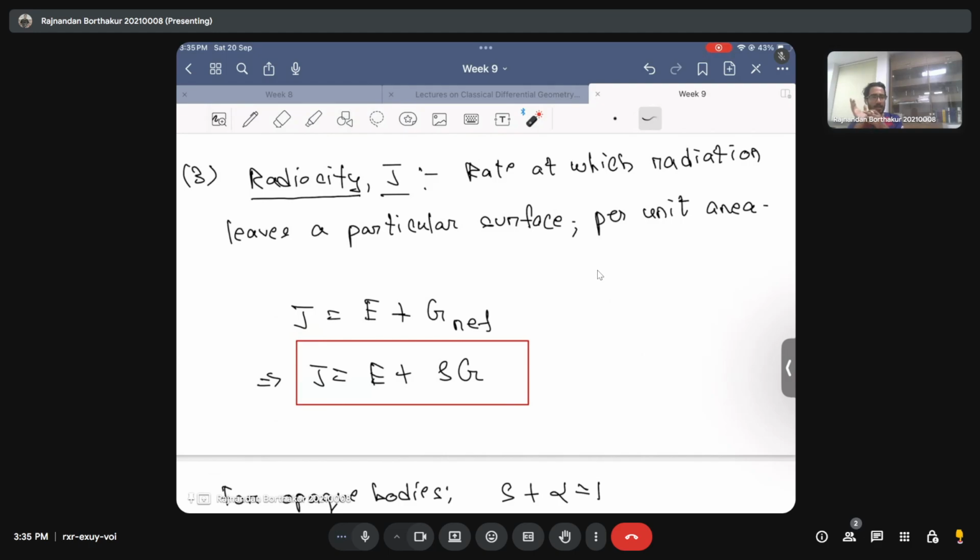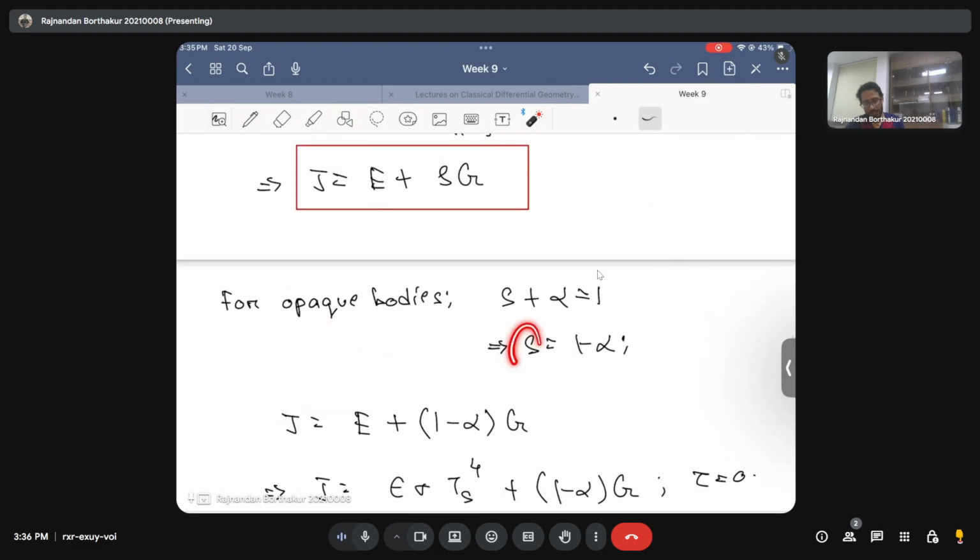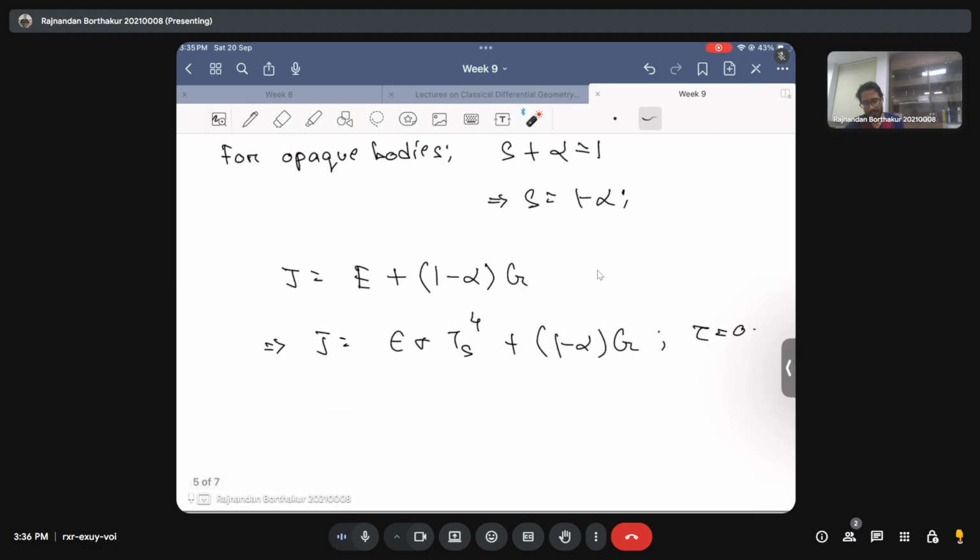First, the emissive power, which arises owing to its own surface temperature, and the reflected part of the irradiation, which is equal to the reflectivity times the irradiation. And this form gets simplified for opaque bodies when we use the fact that reflectivity is equal to 1 minus alpha, and then using the definition of emissive power as epsilon times sigma T raised to the power 4.